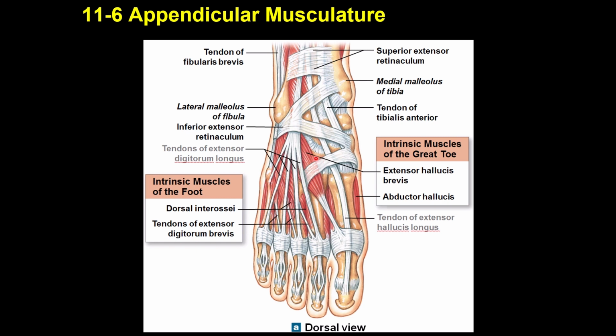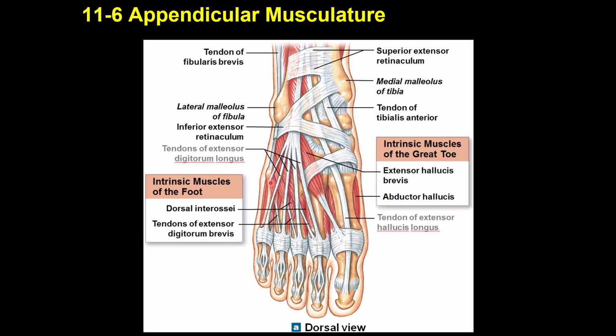Some muscles that are there. This one is called extensor hallucis brevis. So it causes extension of the big toe, and this is the extensor hallucis longus. So it's coming from the leg. These ones that you see, this is like an oblique view.